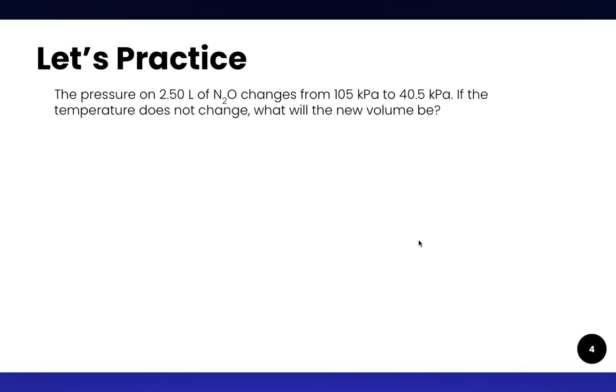Okay, so important to point out that the temperature does not change, meaning that we are going to be using Boyle's law. Next question is, what do they want to know? They ask, what will the new volume be? So they want the final volume.